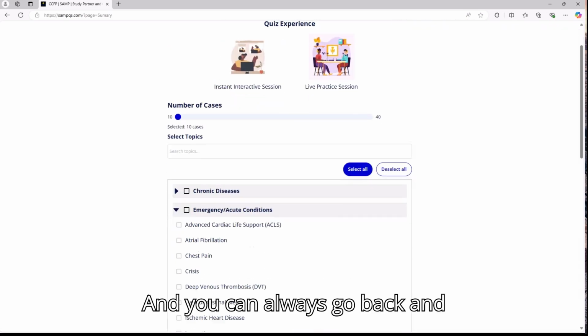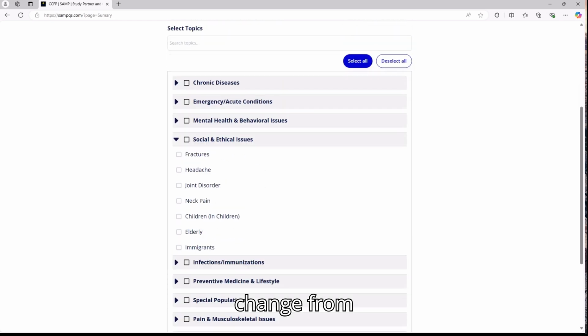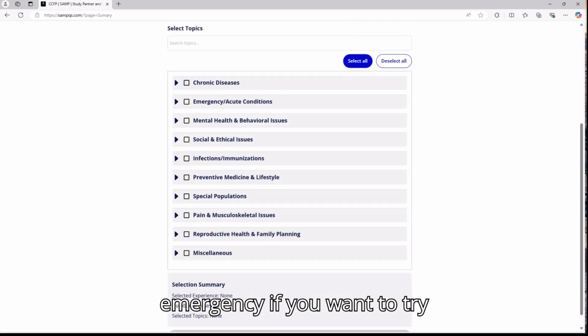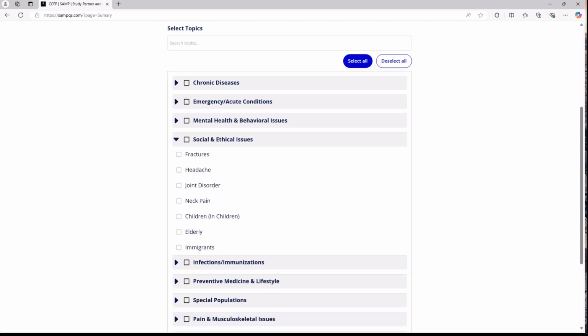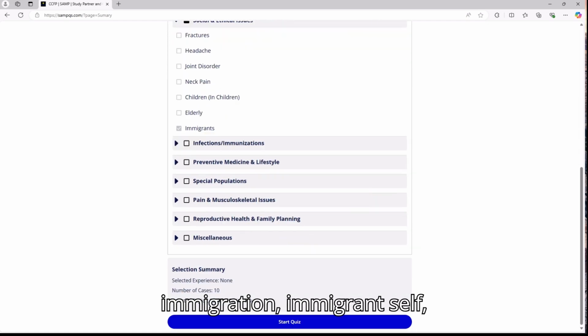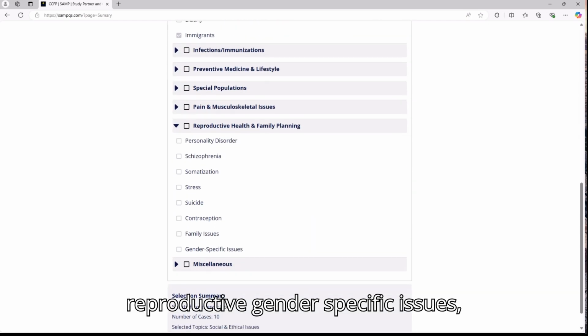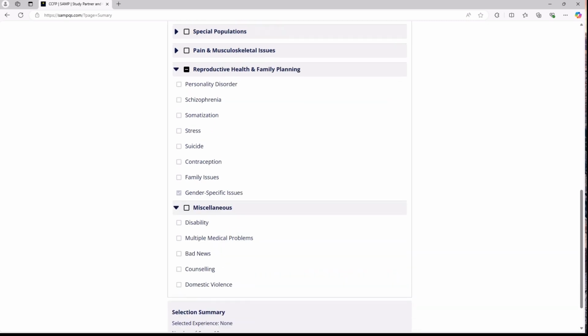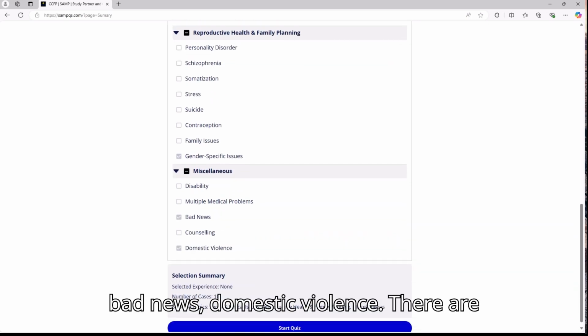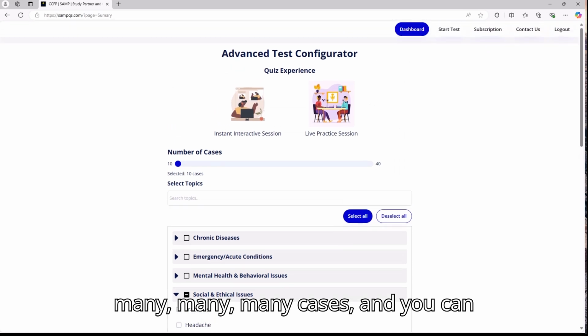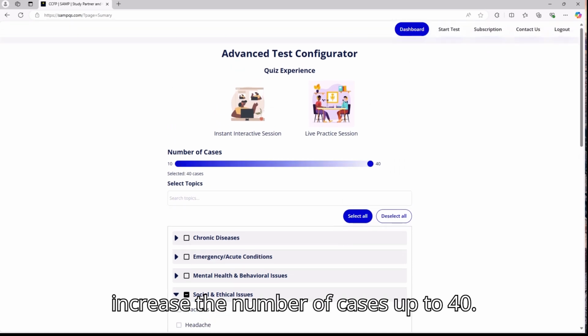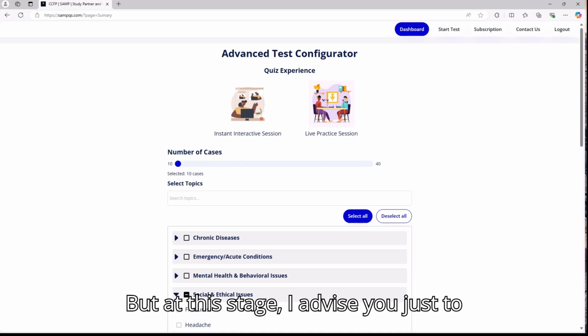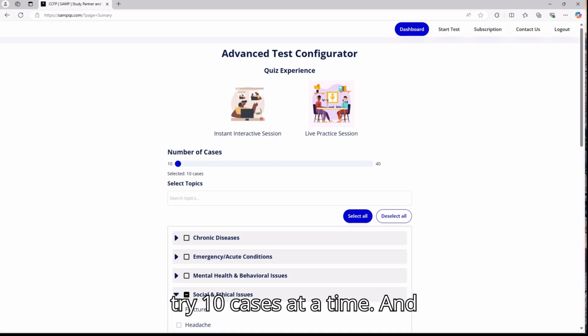And you can always go back and change from emergency if you want to try immigrant health, reproductive gender specific issues, bad news, domestic violence. There are many cases, and you can increase the number of cases up to 40, but at this stage I advise you just to try 10 cases at a time.